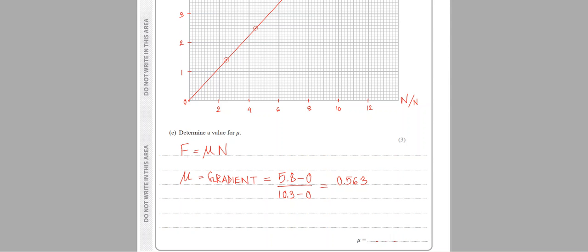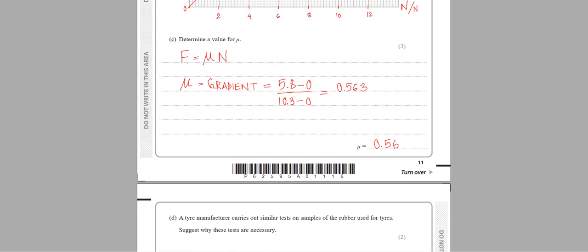While taking the gradient, please make sure that you choose a large triangle. That's imperative, everybody. Otherwise your value will be out of the range and you lose a mark. So this is the value that we get, 0.56. Round it off to 2 SF.